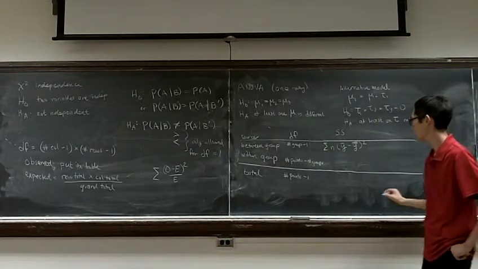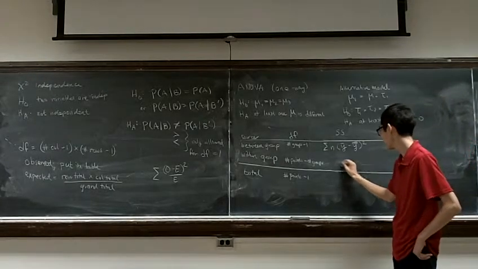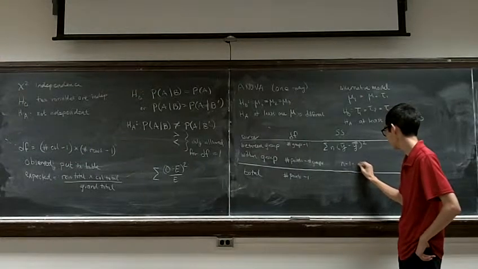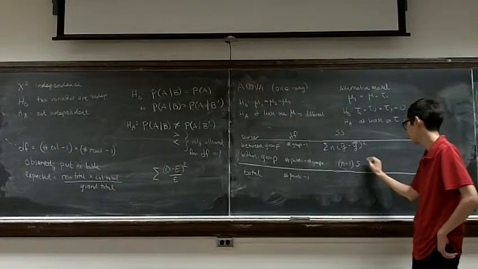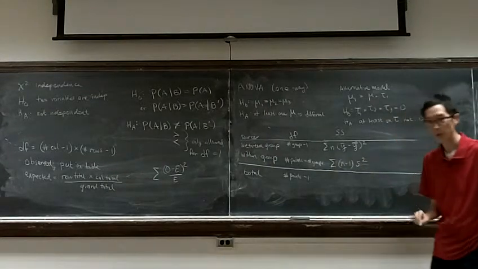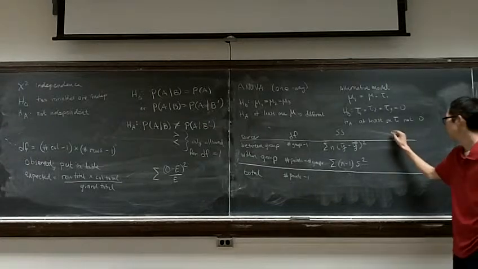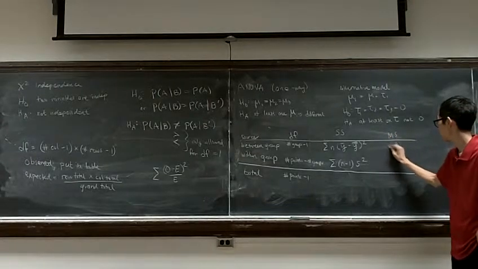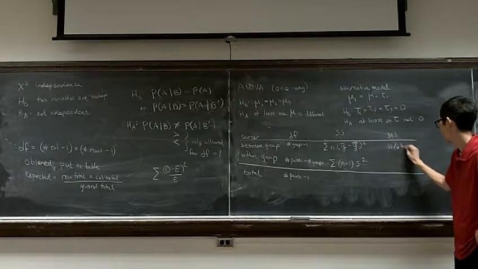I really hope I'm not butchering this. Okay, and over here we have n minus 1 times the group's standard deviation squared, summed up. And then the mean squares is sum of squares divided by degrees of freedom.